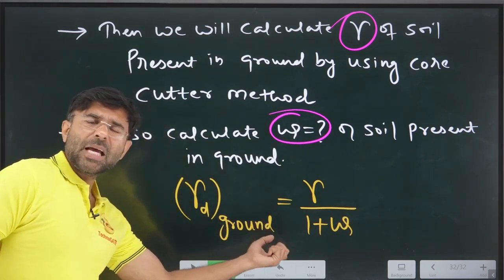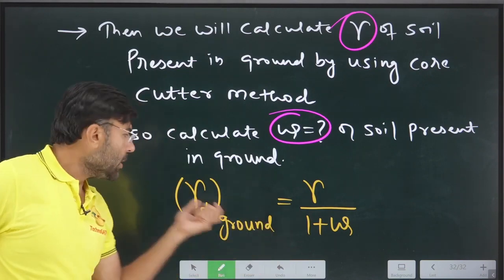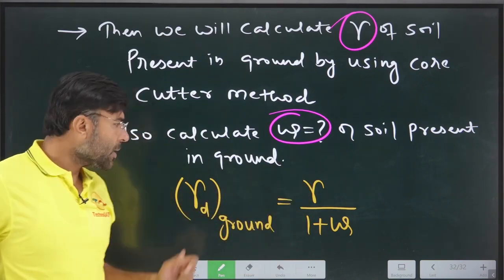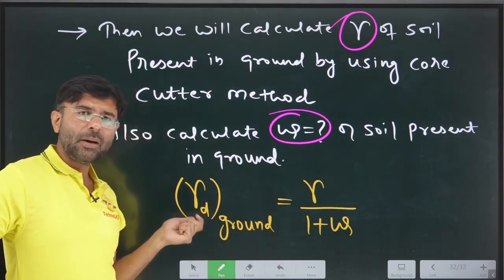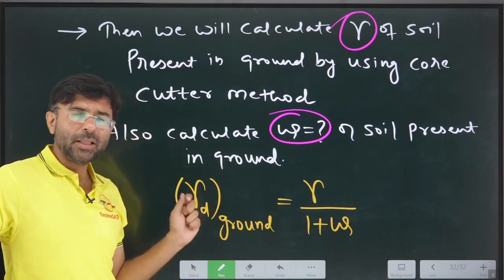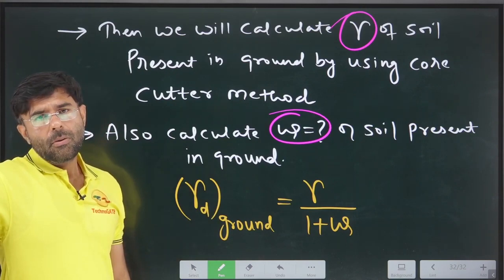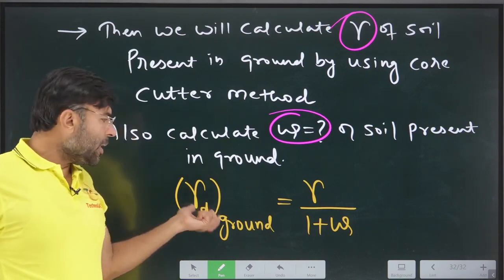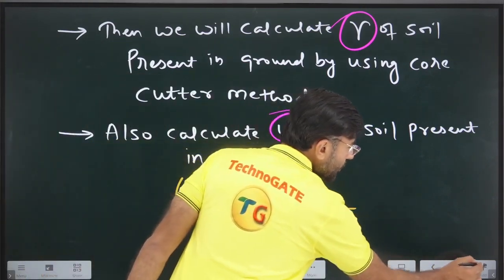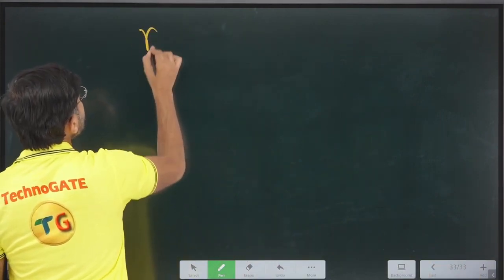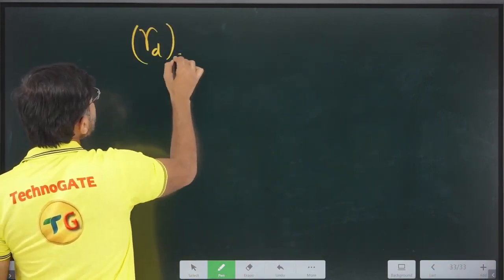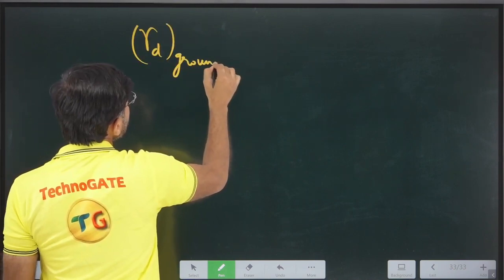This is the expression which I have already derived. Gamma d is equal to gamma upon 1 plus w. From this I will be getting the value of gamma d of the soil that was present in the ground. Got this? So from this, gamma d ground, I am having this value.